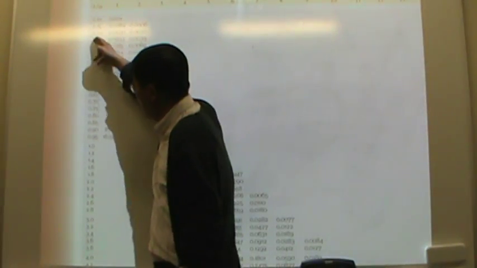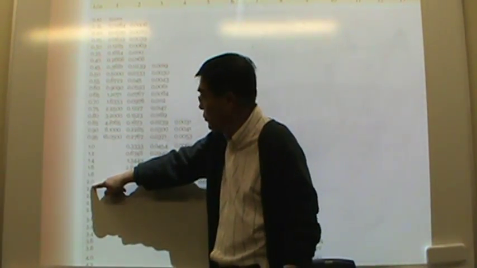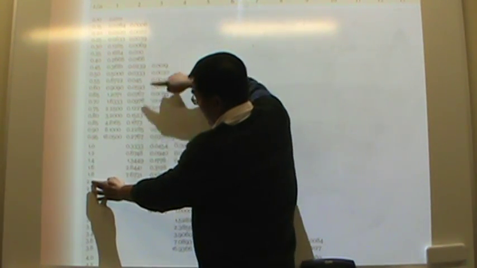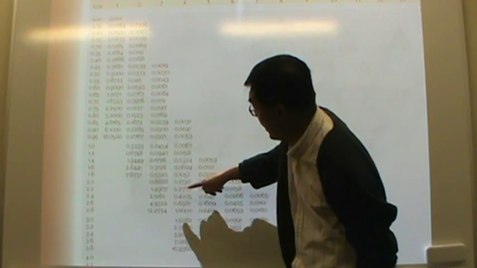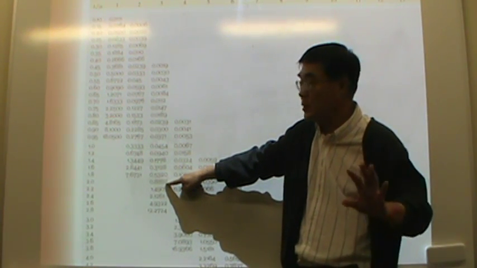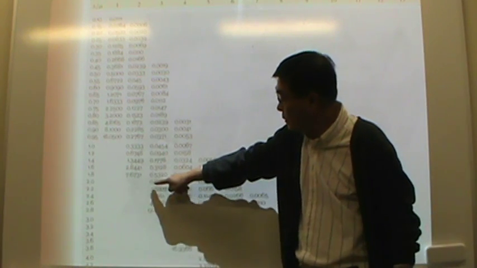Then from the chart, the first column is utilization rate 2, and the number of servers 3. Then LQ, length of queue, how many customers in the line, is 0.888.